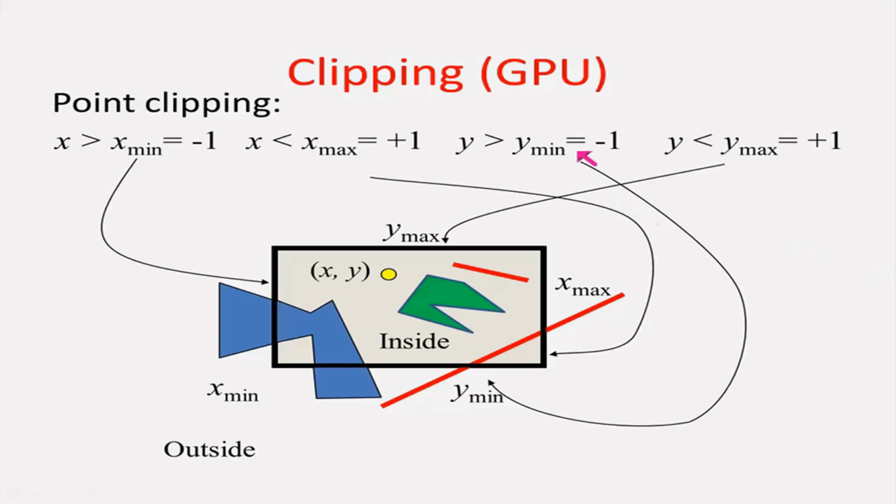x is greater than x minimum and smaller than x maximum, while y is greater than y minimum and smaller than y maximum. A point is inside the clipping rectangle if it is inside of four half planes defined by these four inequalities, since the clipping rectangle is the intersection of the four half planes.